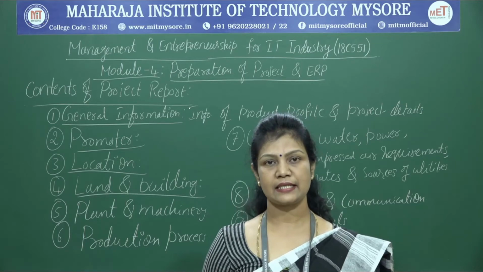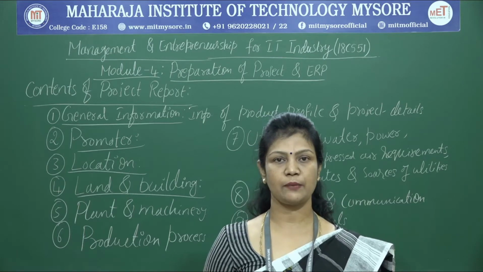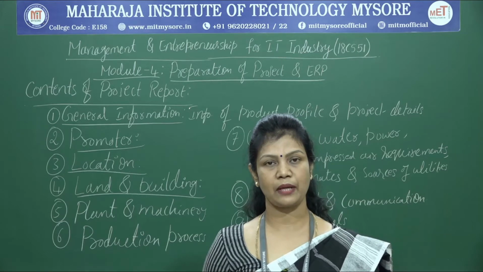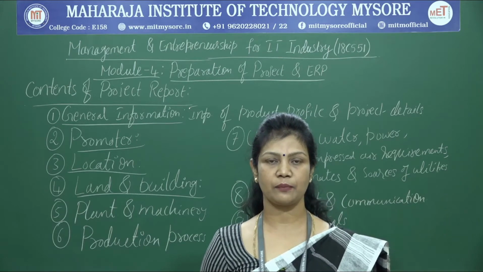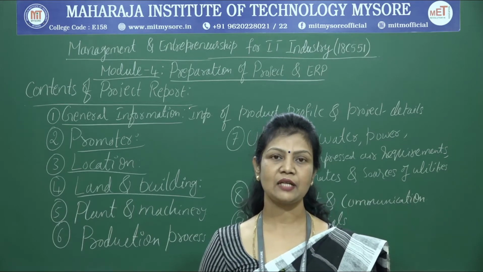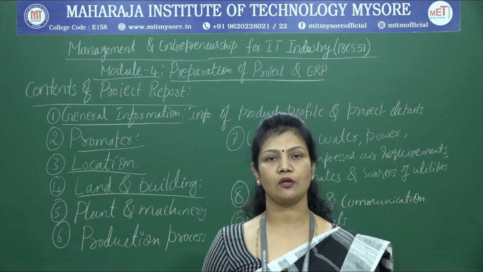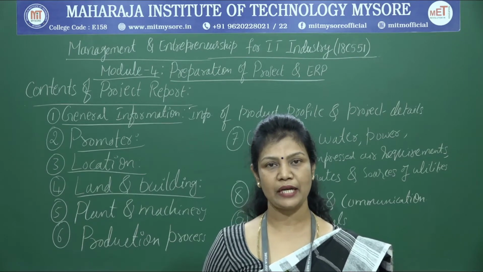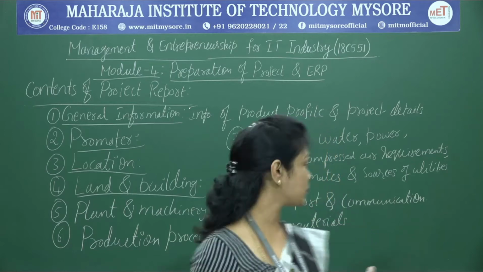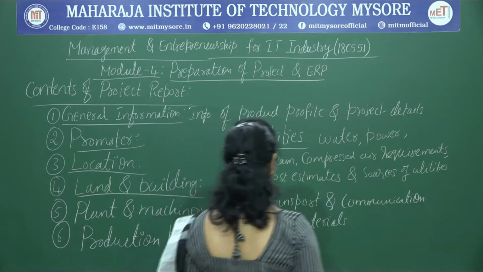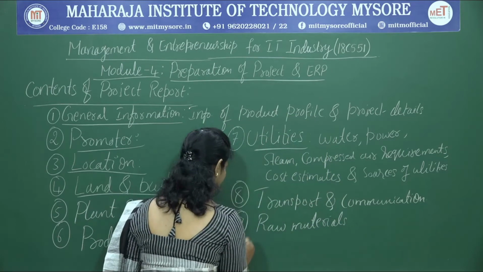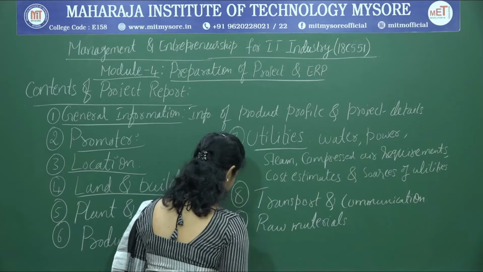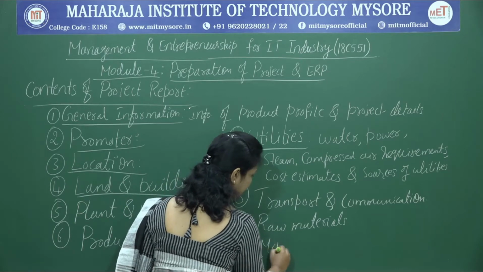In any case, if the supplier is not able to supply the raw materials required by the organization, in that particular situation, what are the alternative arrangements they have made needs to be specified under the requirements of raw materials. So the next one is manpower.